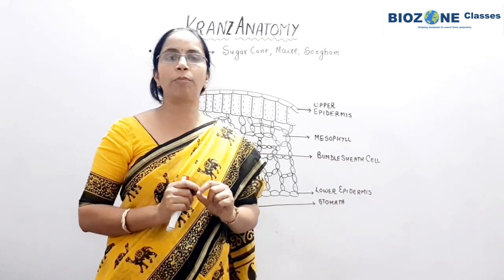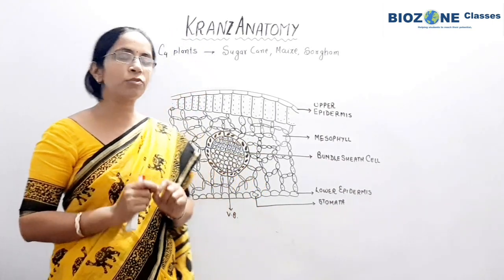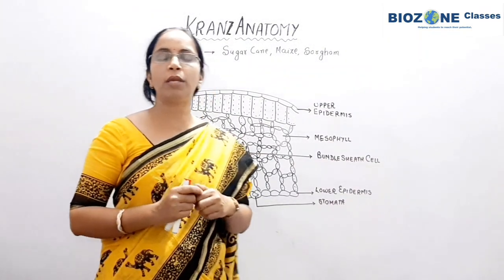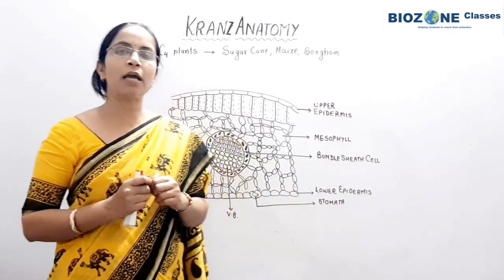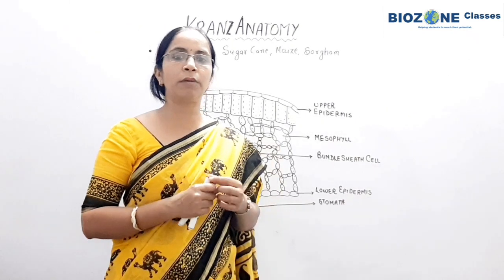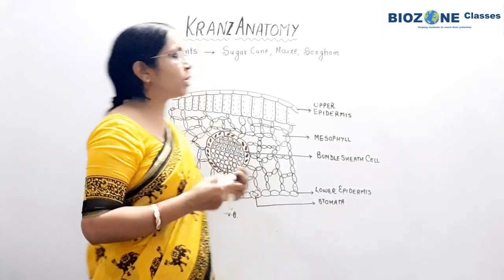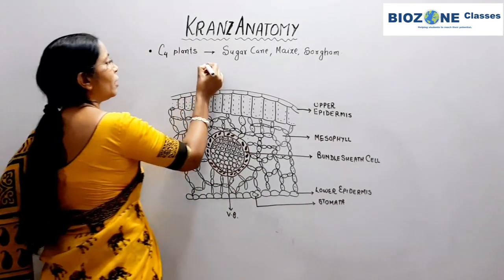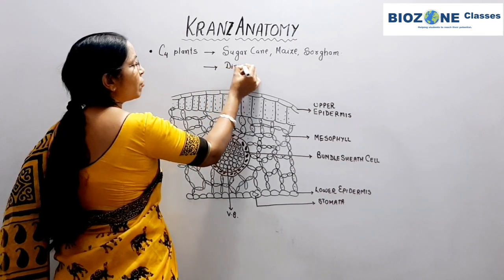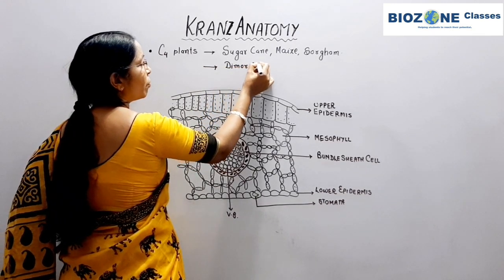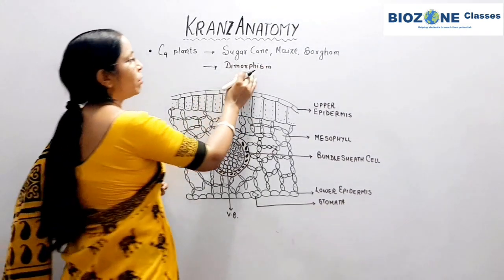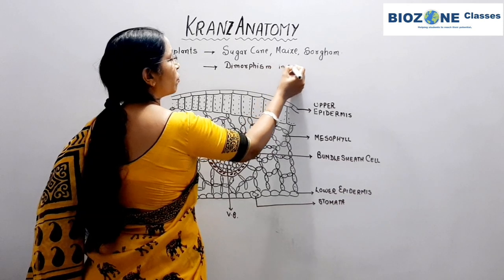Inside a microscope, when we view the transverse section of a leaf, the cells in the leaf are arranged in multiple layers, and that's why we use the term Kranz anatomy. Kranz anatomy is explained mainly by dimorphism in chloroplast. In simple terms, Kranz anatomy means the dimorphism in chloroplast.